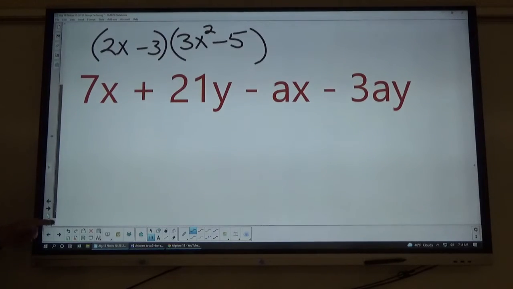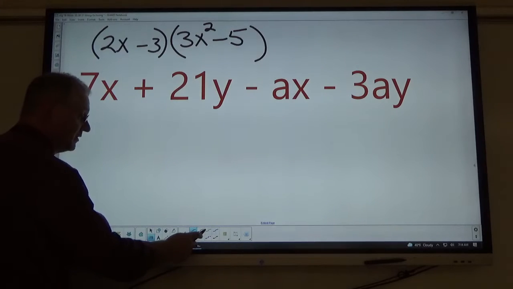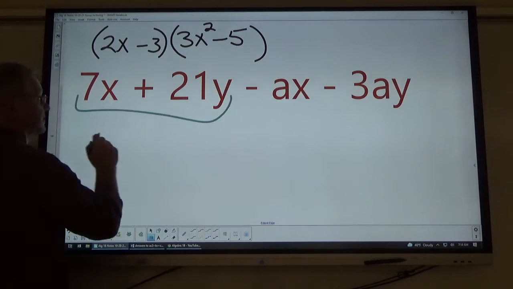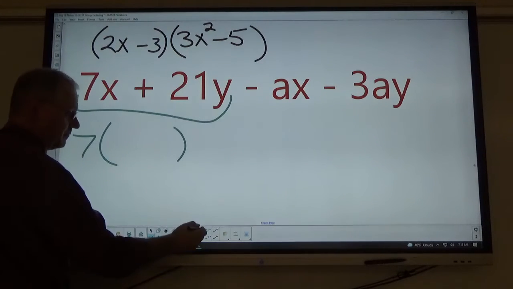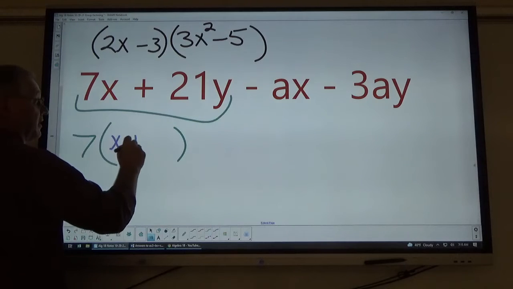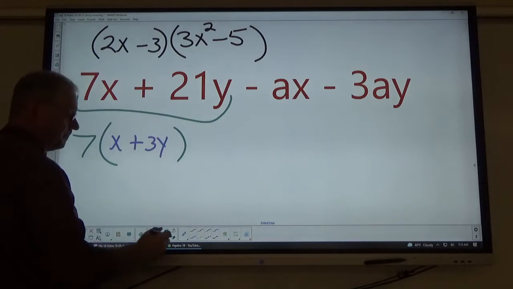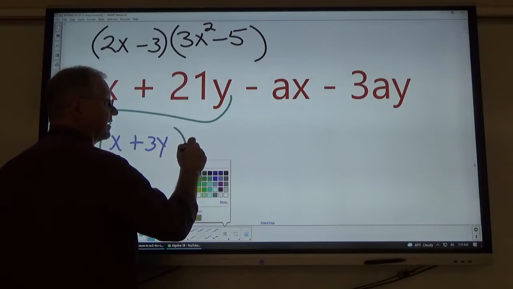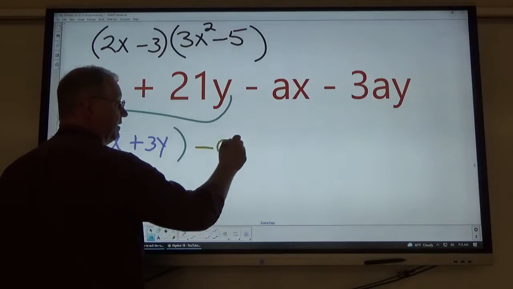Let's take a look down here and repeat the basic process. First two, 7. That leaves me with x plus 3y. I'm going to take out a negative a.